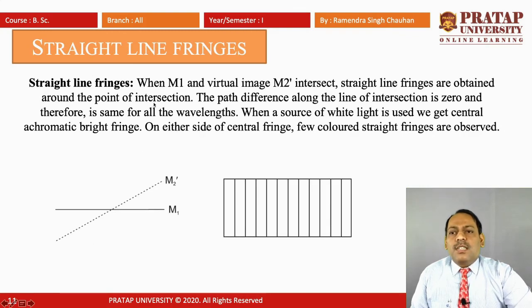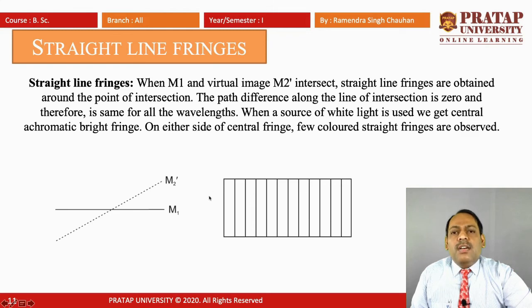Now, straight line fringes: when we take the intersection point, at the intersection point we will observe the fringes in a straight line. So, these are called straight line fringes, although these are hyperbolic fringes. These hyperbolic fringes will be formed when the planes of the mirrors M1 and M2 are not normal to each other, not perpendicular to each other.